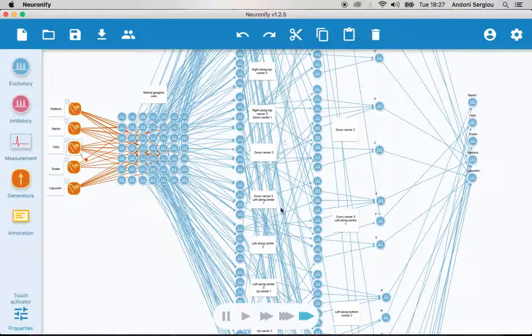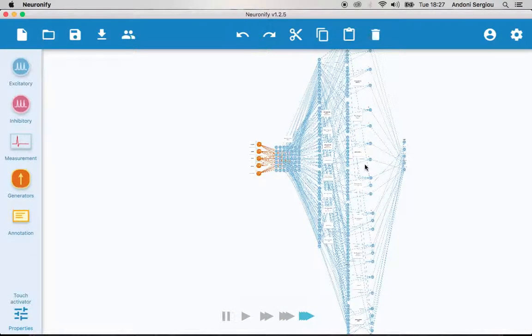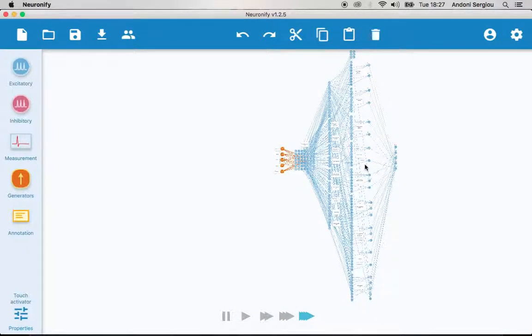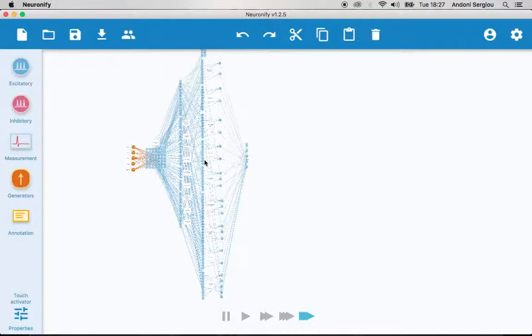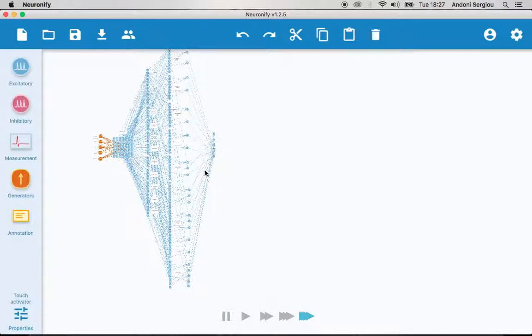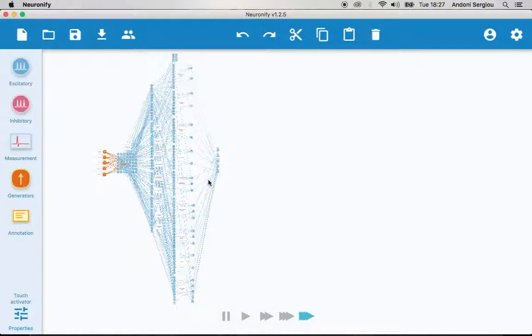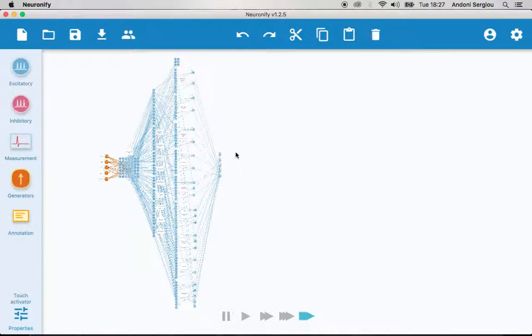I'll give you a look at the expanse of this network here. So that's the entire visual system right there. So it's quite a few neurons and dimensions of variation. The dynamics are supermassive.